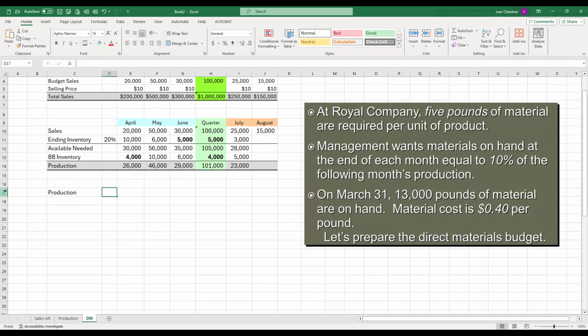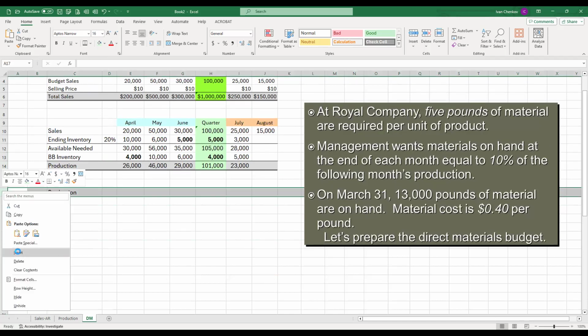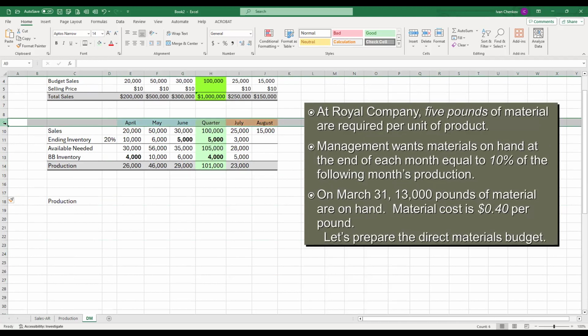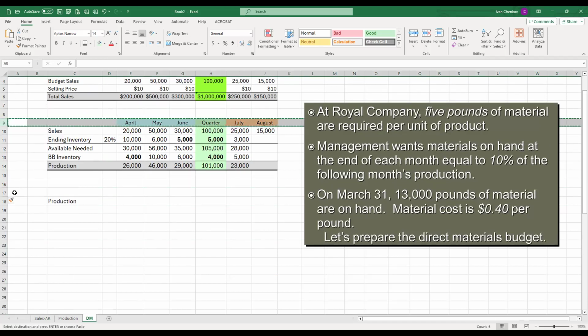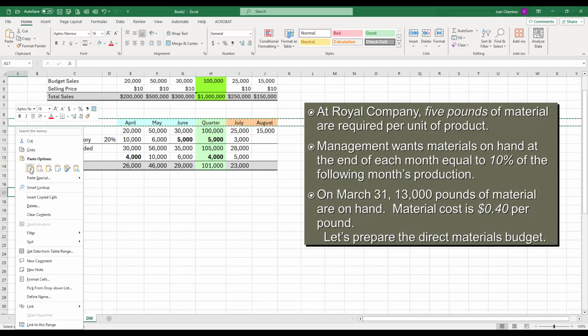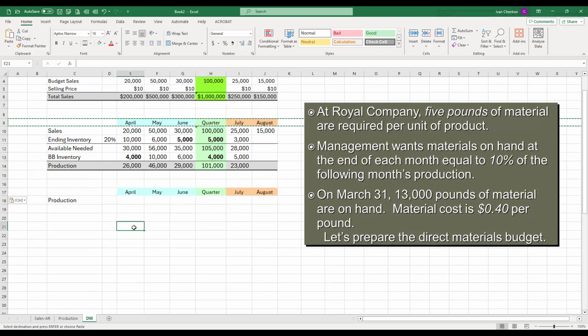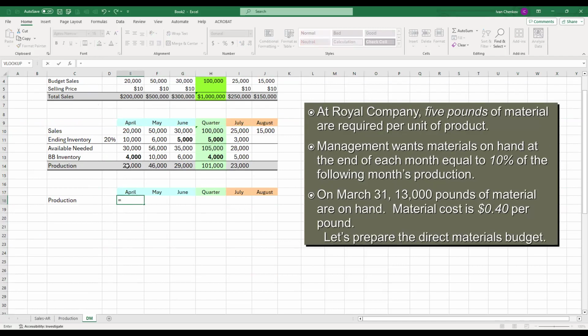And what else do I need? Let me grab this line, copy it and paste it right here. So I have my months and the total for the quarter. My production here is 26,000.